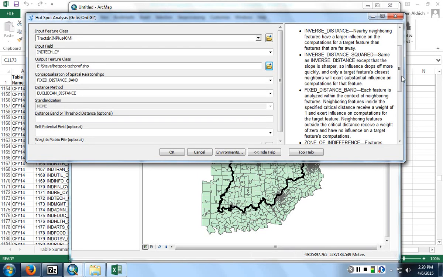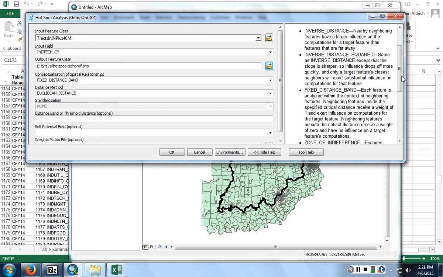But inverse distance is going to really emphasize places that do stick out. So if you're more interested in finding overall trends or zones with, say, high professional tech and scientific employment, rather than little islands, you might not choose this, right?